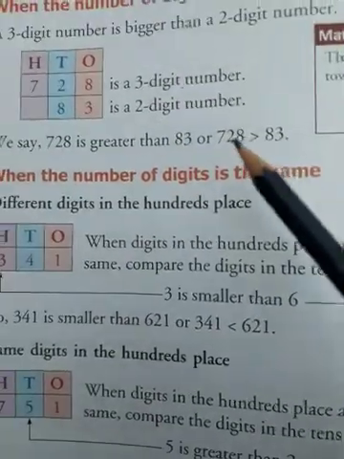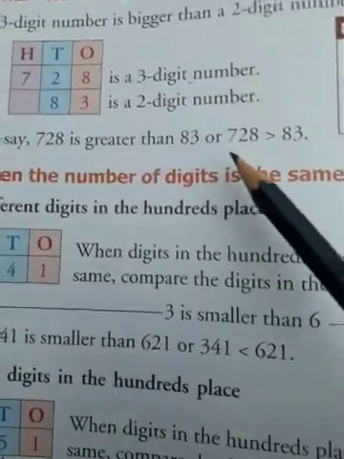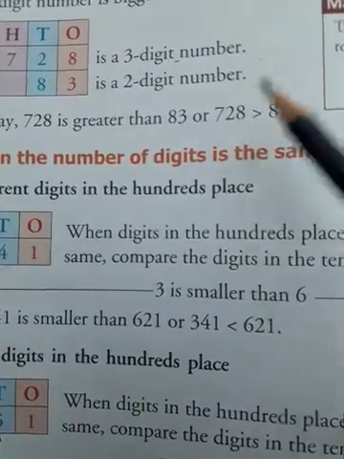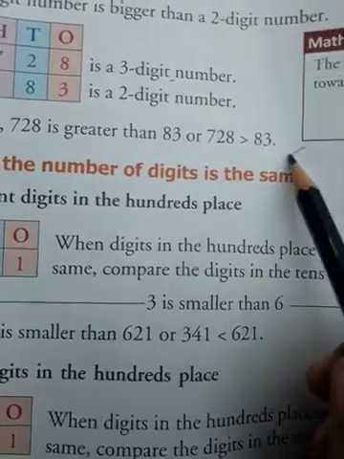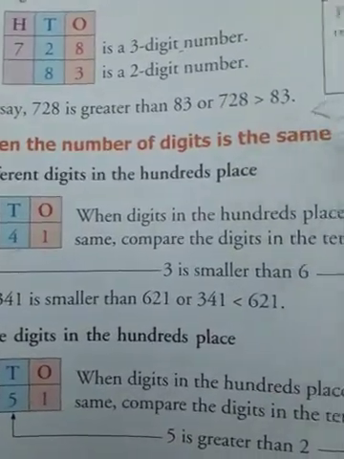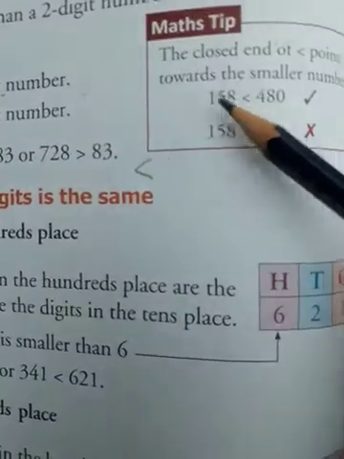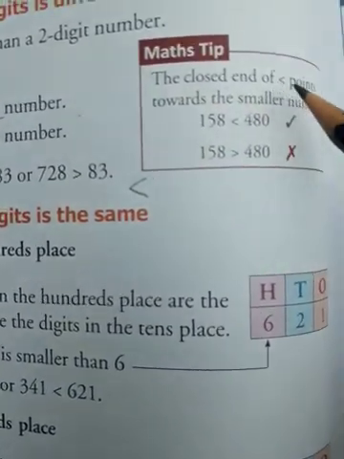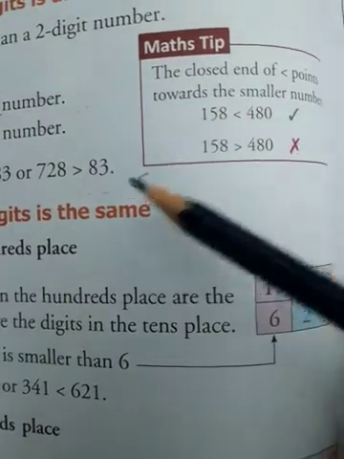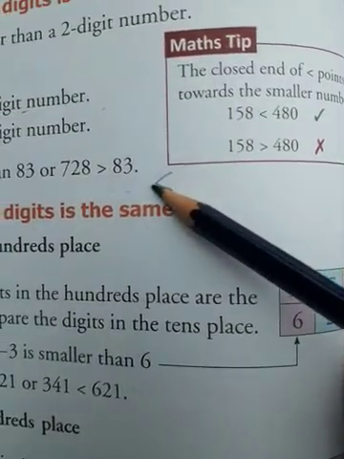And how do we write it? We write like this: 728 is greater than 83. This is the sign of greater than and this is the sign of less than. Okay, so don't be confused. And here is one math tip: the closed end of a less than sign points toward the smaller number. So this is the closed end point, and where is it?